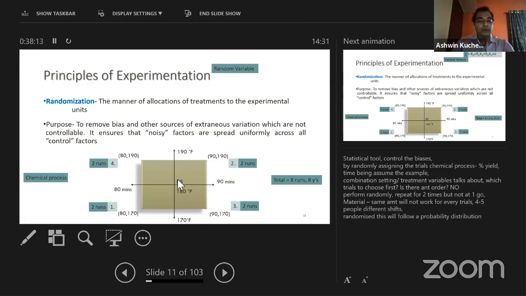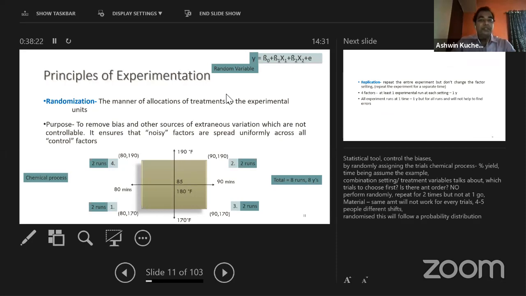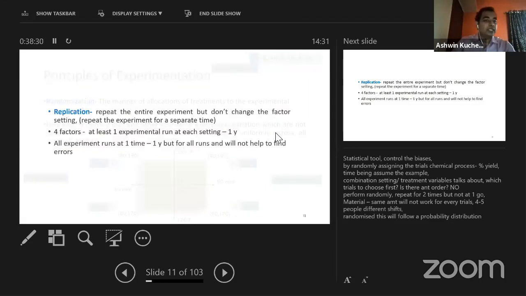Randomization will be followed for a probability distribution. So the runs should be performed randomly, you randomly select Y, and based on the factors you select, you will define the equation for the experiment. That equation, we know, is a general equation.